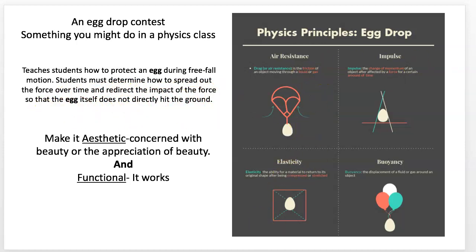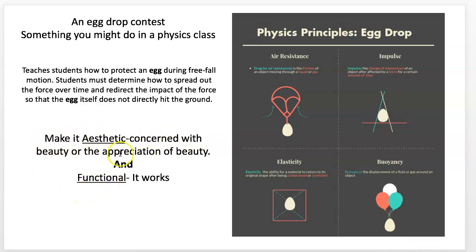And there are different principles you would use: air resistance, which is drag; impulse, which changes the momentum; elasticity, which is the ability to return to its original shape, so compression and stretch; and buoyancy, which is displacement. So these are basic ideas, like a parachute, rubber bands, something around it, and maybe a way to soften it. Yours is going to be aesthetic and functional.